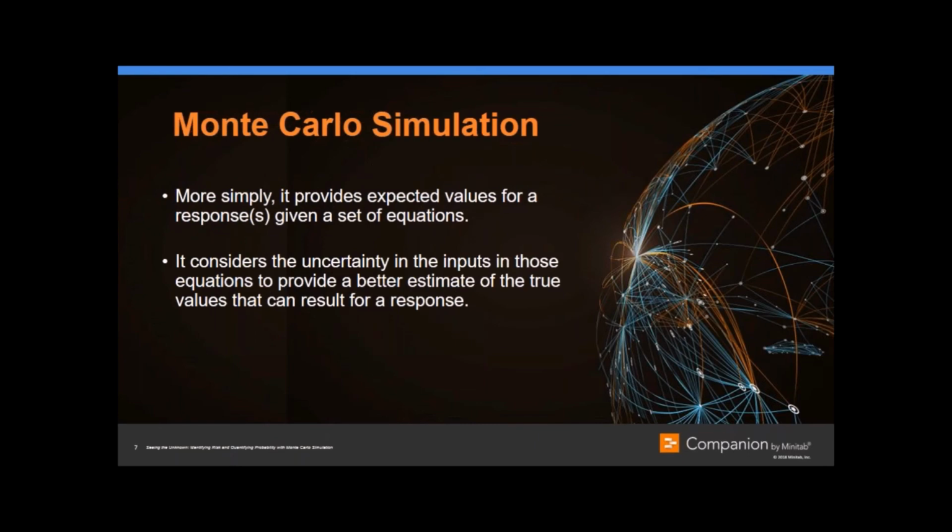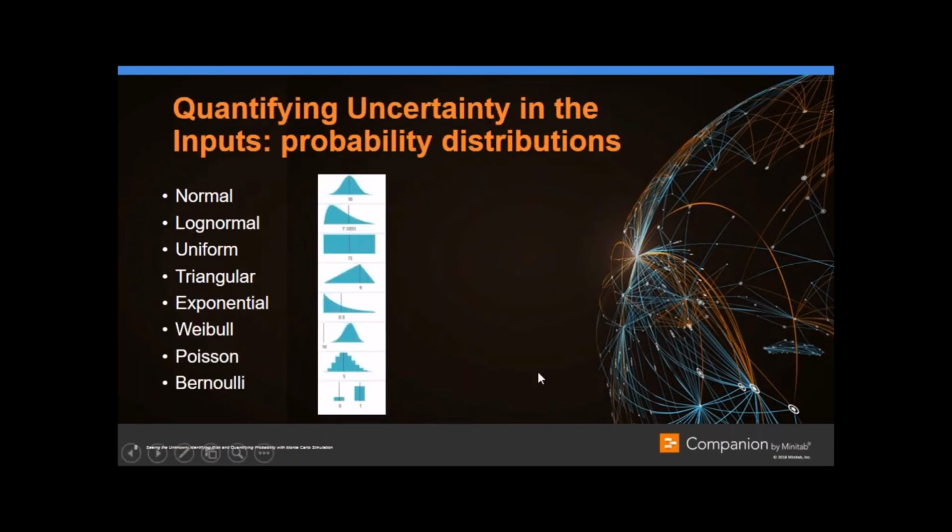We'll go through an example in a second, but it's about providing expected values for a response, given some set of equations. So given that I know something that explains the behavior of some process or system, what kind of expected values might I see over the long term for that process? And it's really about quantifying uncertainty.